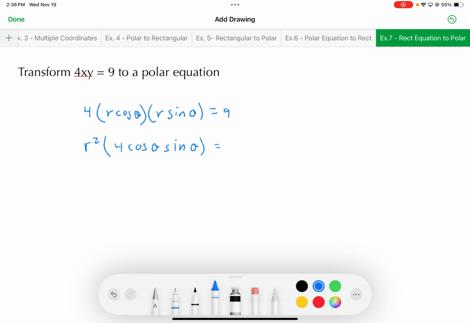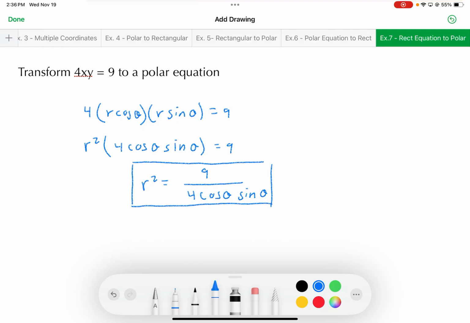So I just kind of rearrange things there. And then I can divide that whole set of parentheses over to get r squared alone. You're not really used to polar equations yet, but this is an acceptable end. Usually you want to solve your equation for r or r squared at the very least, like we've done here. Again, we'll look more at these in the days to come so you get more familiar with them.